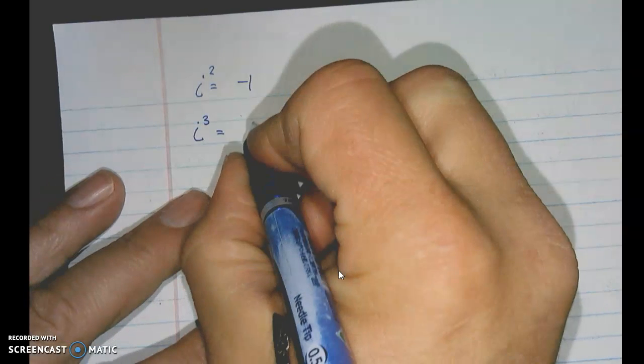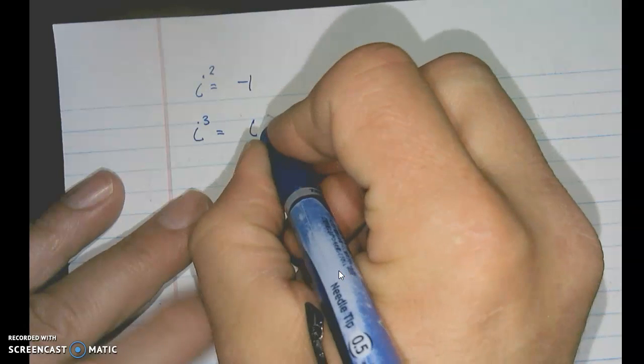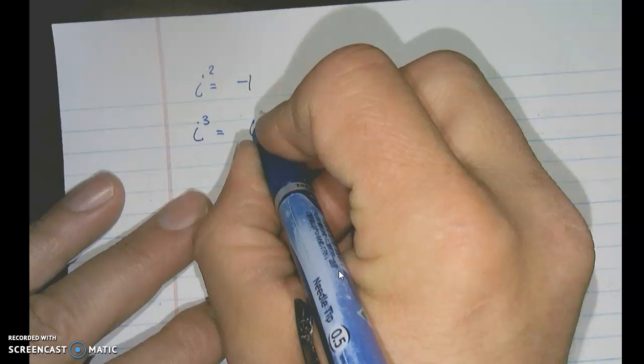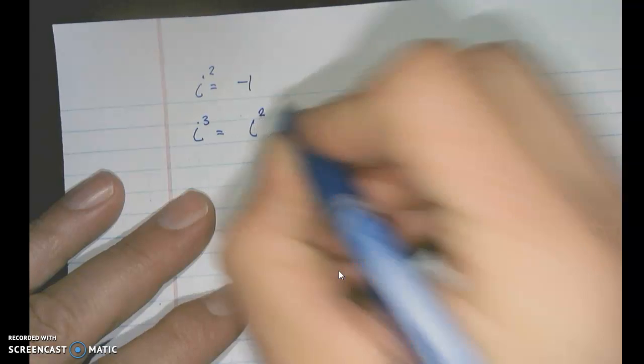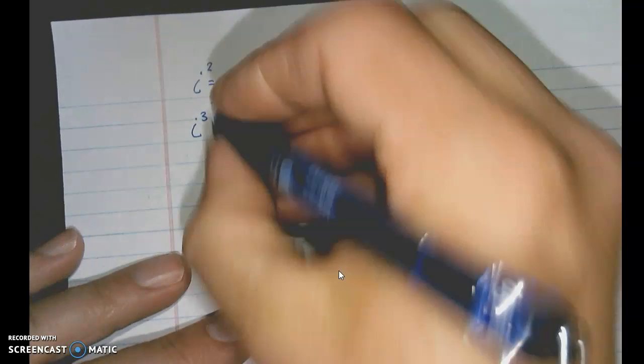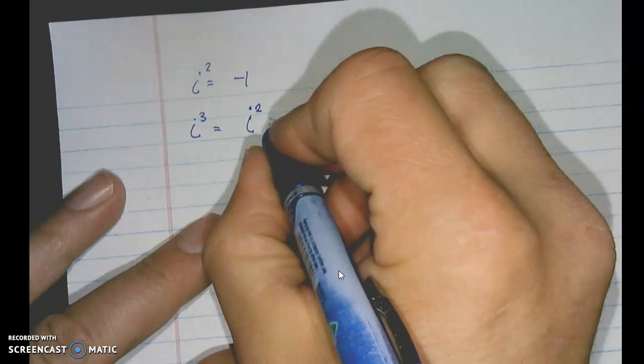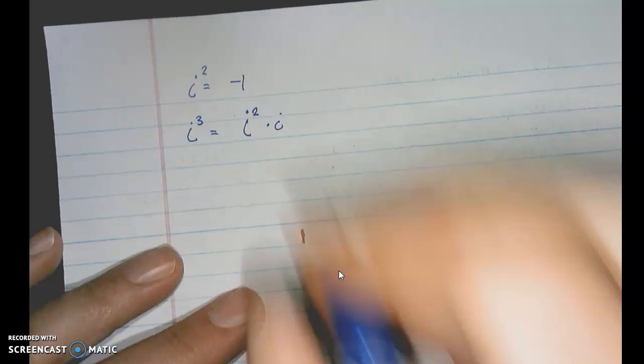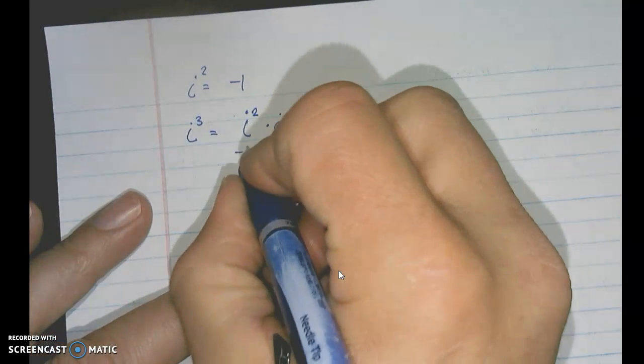So what if I go like this? We know we have that, right? Then I have an i left. So I have i squared, which is -1.